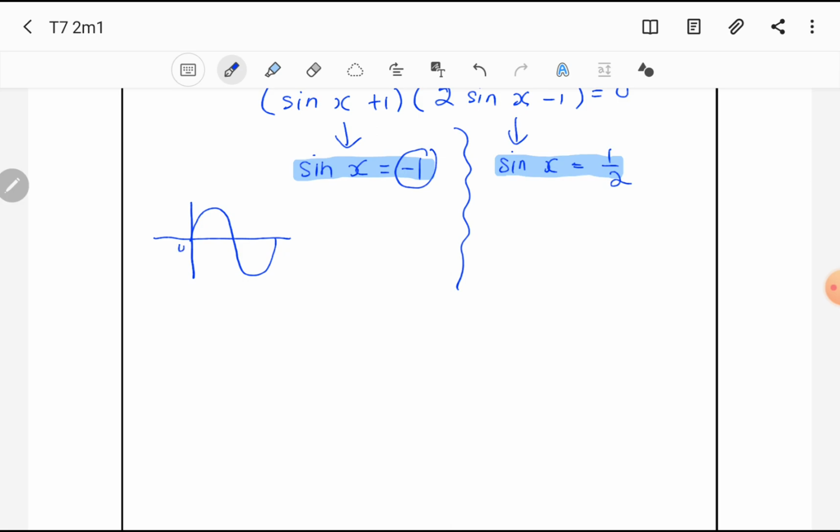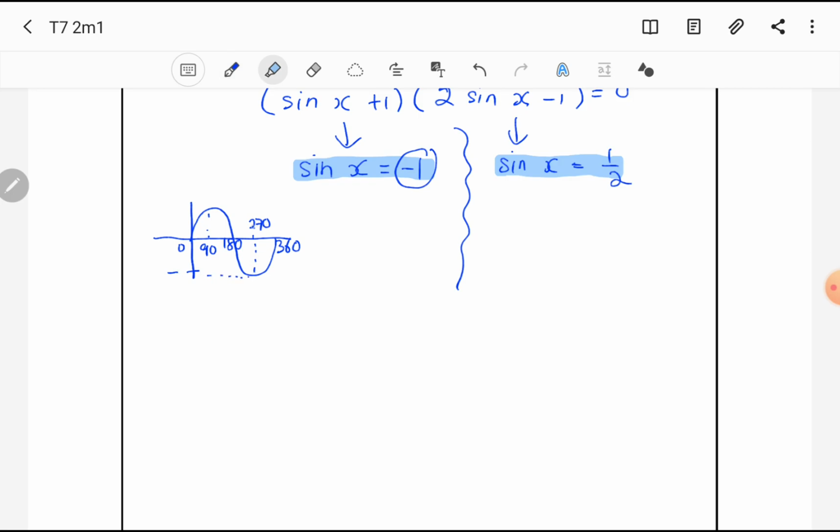So 0 ini 180, the last one 360. Okay, tengah-tengah ni 90 and yang ni pula 270. Okay, kat mana kedudukan sin x equal to negative 1? Kat mana negative 1? Ni kat bawah ni. Yang ni.